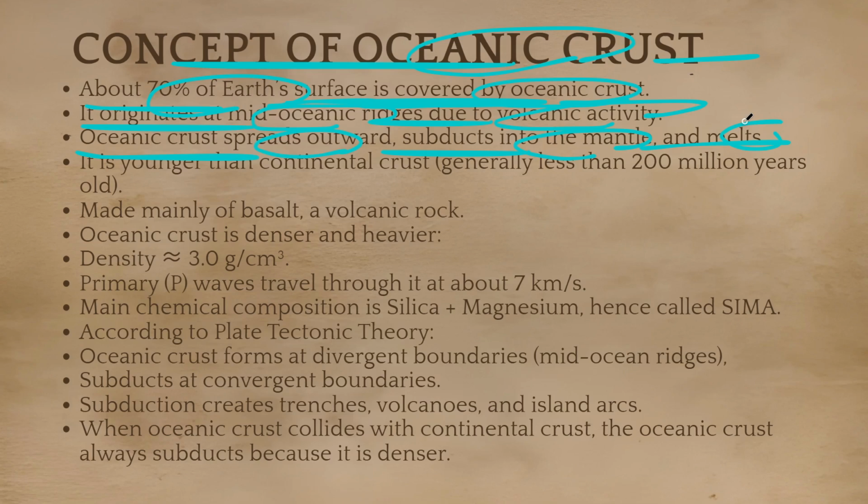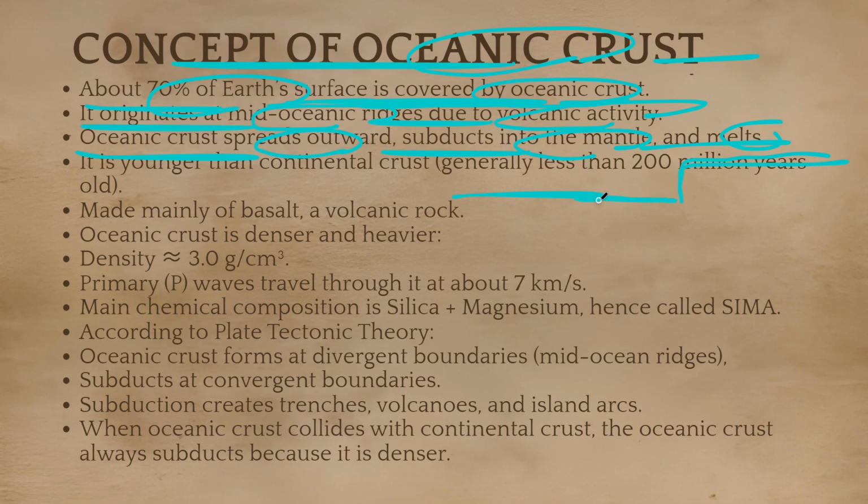So what happens is, these oceanic crusts are formed from the mid-oceanic ridges, and then they spread, and then they meet the continental crust. Continental crust is less dense than the oceanic crust, so when they meet, usually, most times, we can say that the oceanic crust subducts. Maybe there are some exceptions, but we are not considering them right now. Let's go with most.